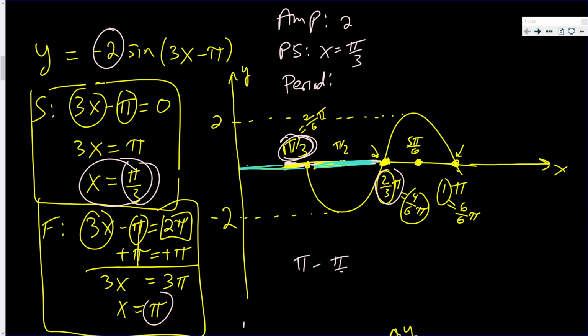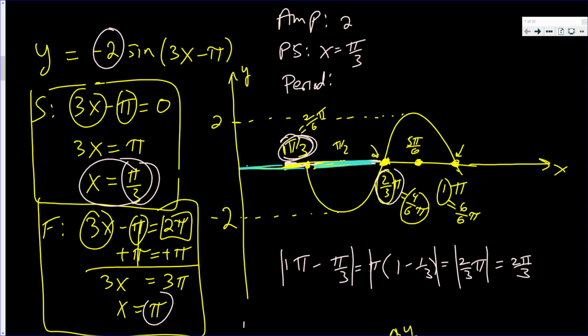You could ignore the pi. You really need to do 1 minus a third, which is 2/3 pi. And just in case it's negative, take the absolute value. So the period is 2/3 pi for that graph.